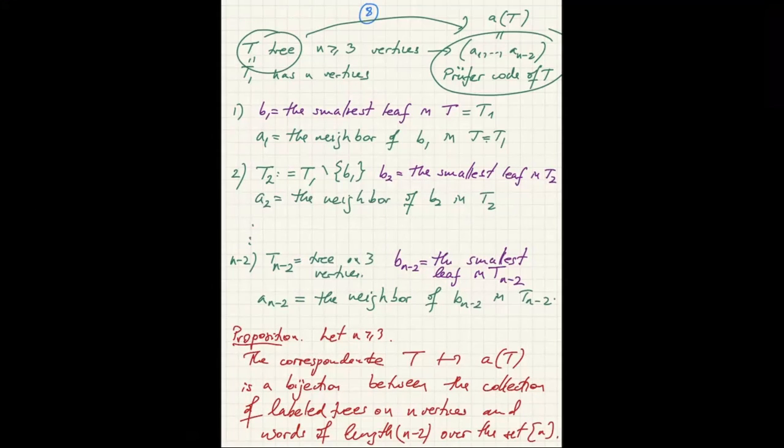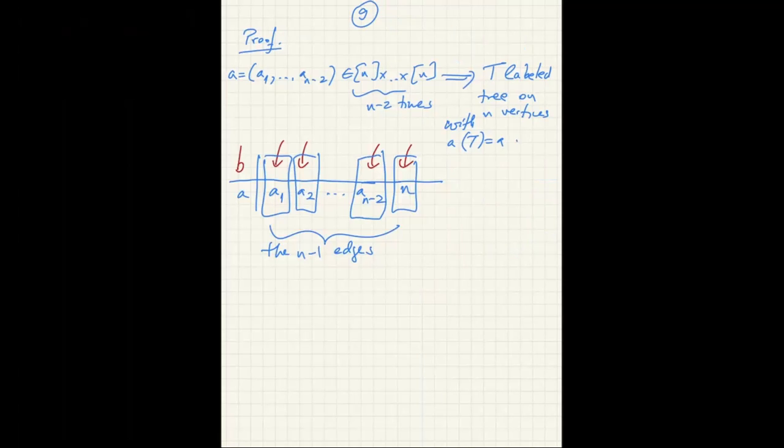Well, we look at the way B1 is chosen, and we reverse it. When B1 is chosen in this procedure of the Prufer code, all the vertices in n without these values A1, A2, and so on, An minus 2, An minus 1, were available.